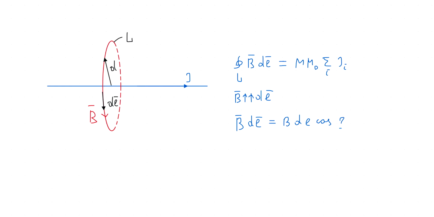We have 45 degrees when this is vector b, and if we have dl here, in this situation we have an angle of 45 degrees.